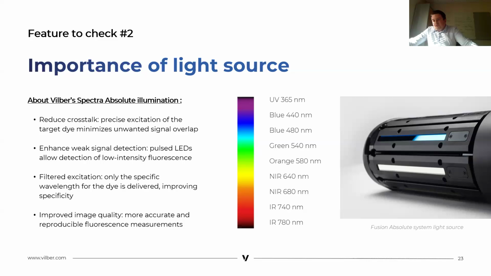And also, thanks to filtered excitation through the spectral channel, only the specific wavelength for your dye is delivered, improving specificity and overall image quality, giving you more accurate and reproducible fluorescence measurements.